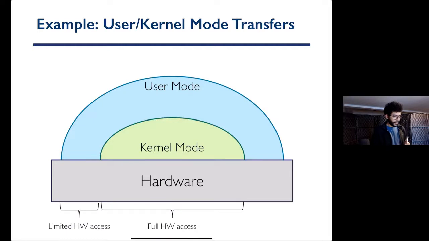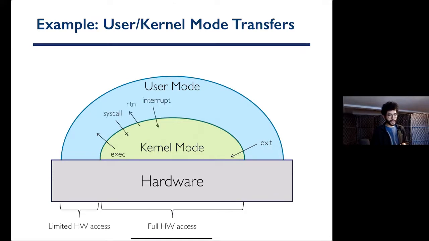So this is kind of like a figure talking about all of that. When you start executing your process or your thread, you go from kernel mode to user mode. And when you're done, you go from user mode to kernel mode. But during the execution of your thread or your process, you keep calling to kernel for system calls, for example, or for interrupts.